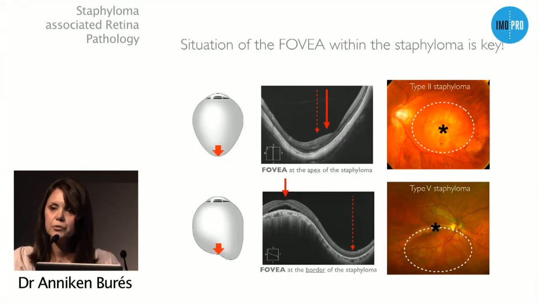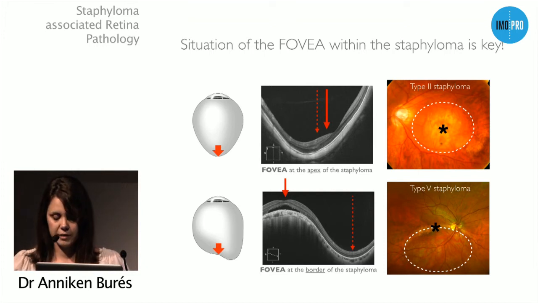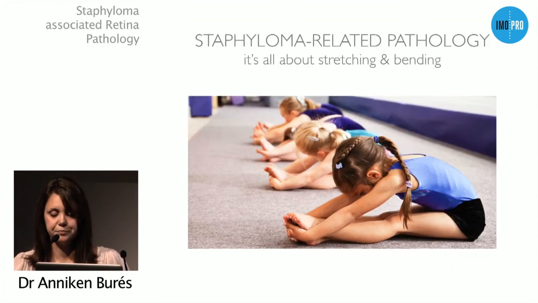So it's probably not crucial to know the exact type of staphyloma that the patient has according to Curtin's classification, but it is essential to know where the fovea is located within the staphyloma, because this will predict possible future complications. So in this first case, we see again the fovea is located at the apex or very close to the apex of the staphyloma, and in this other eye, the fovea is not located at the center of the staphyloma, but rather at the border of the staphyloma, and complications will be different.